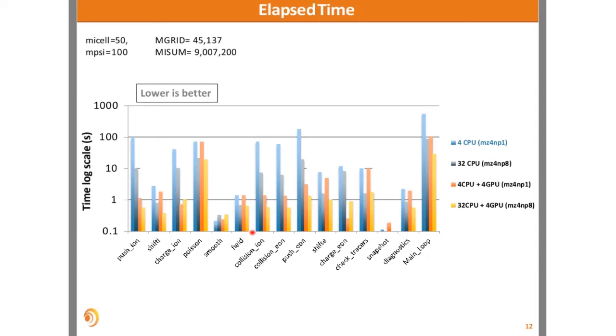But for the Poisson routine, which is the field solver routine, we cannot parallelize using the GPU. So you can see that the blue and orange, and the black and yellow, have the same level of time, because the GPU has no effect on that.